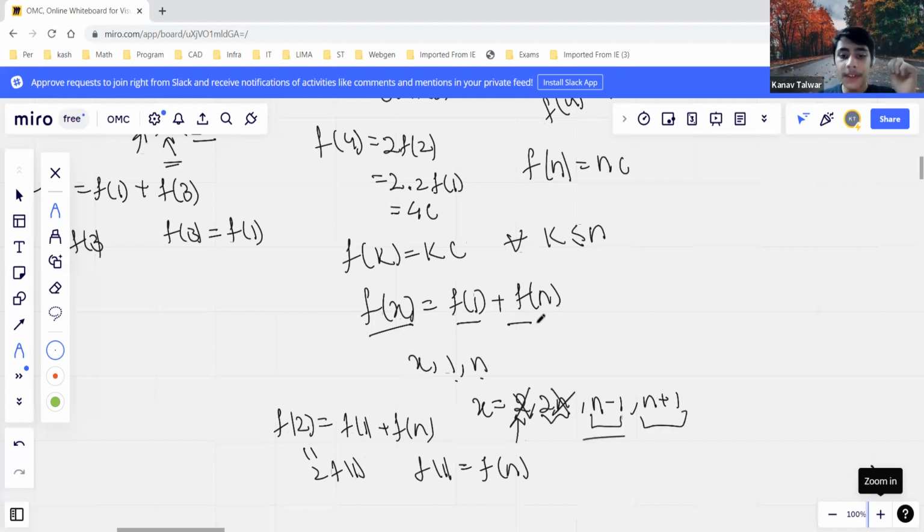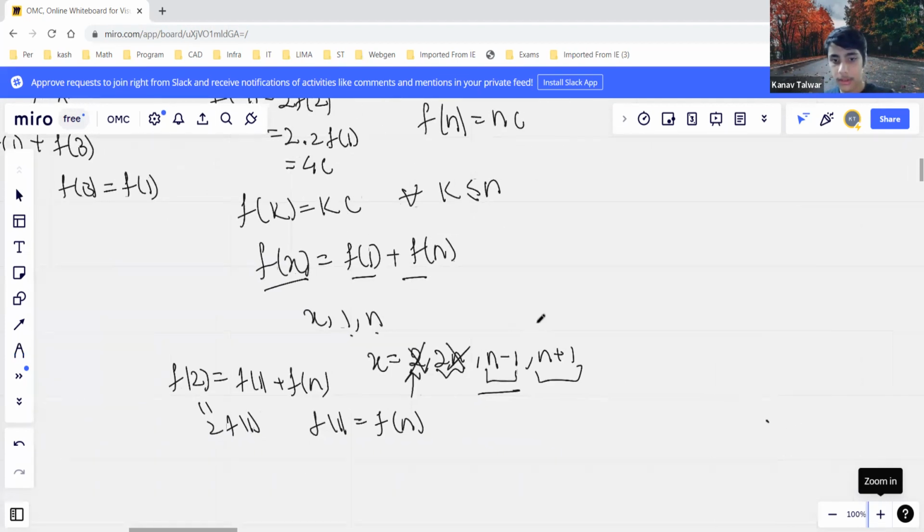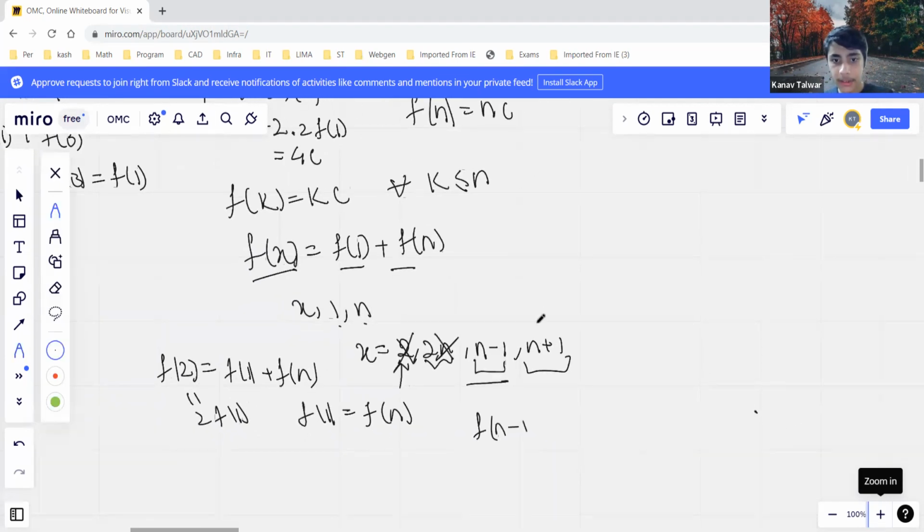So now we are left with n minus 1 or n plus 1. If x were n minus 1, so if f of n minus 1 is equal to f of 1 plus f of n, can this be true? Yeah, perfect.